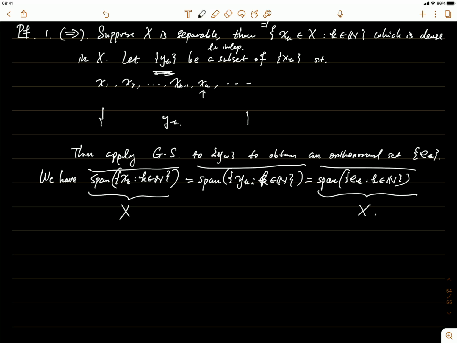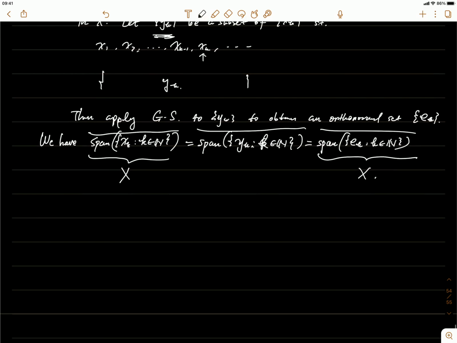It also shows that there's no non-zero element that can be perpendicular to this span. And that also means that this ek is actually a basis.